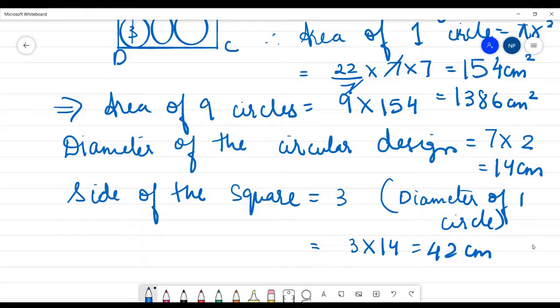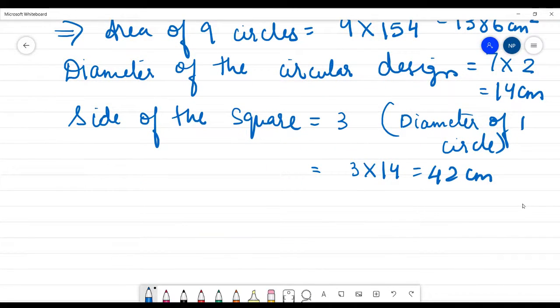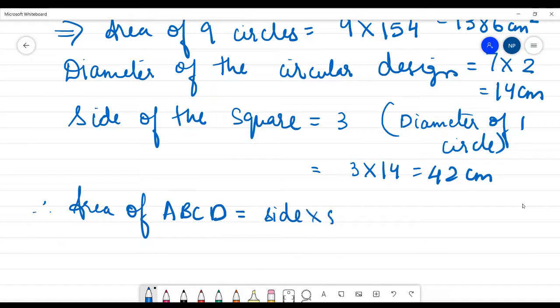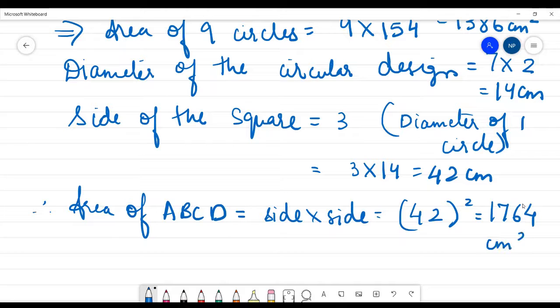Now we know the side of the square, we will be able to find out the area. Therefore, area of square ABCD is equals to side into side, that is 42 square. And the answer is 1764 centimeter square.